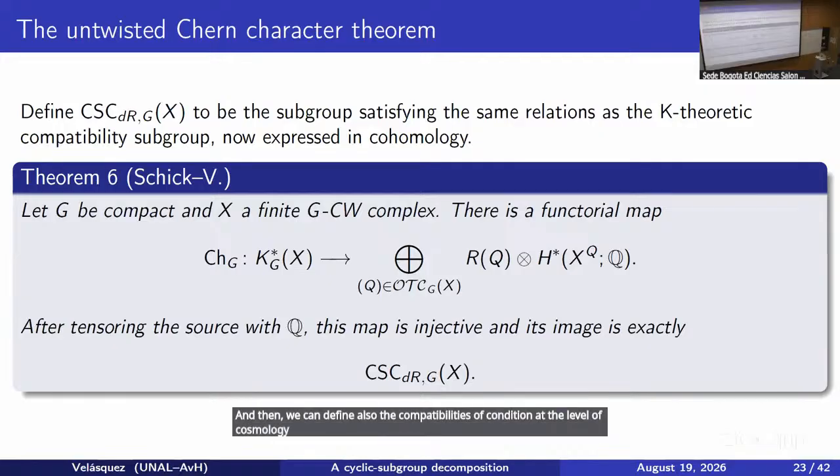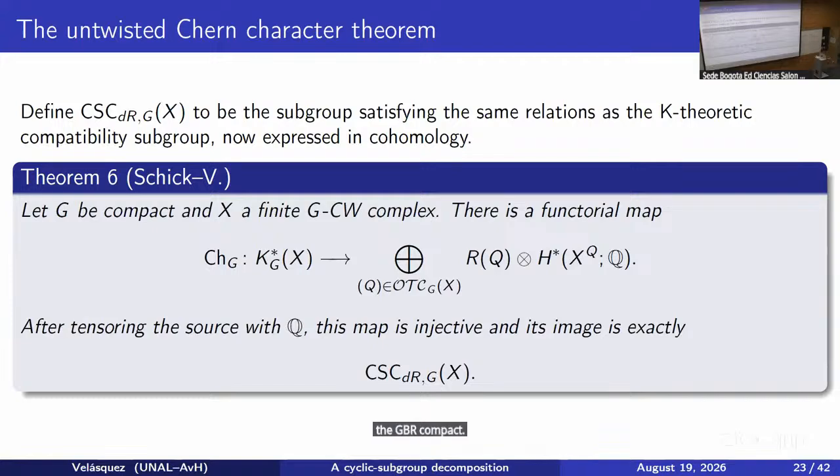And then we have this theorem. Let G be a compact Lie group and X a finite G-CW complex.